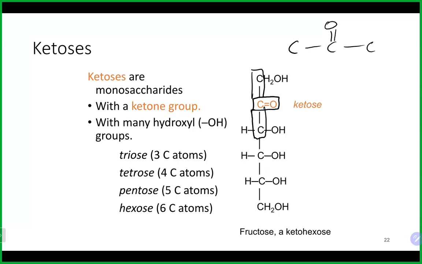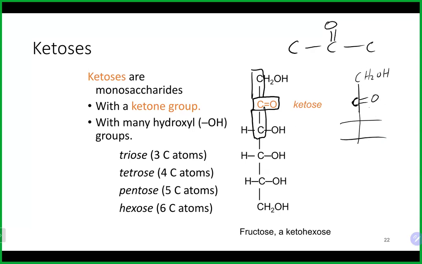Now, we would call this a ketose because, again, we see the ketone group there. And by the way, in the line structure, the way that sometimes people will draw it, they'll draw it like this, and just lay that up there and then continue on with the rest of it. So you have to remember there is a carbon there.